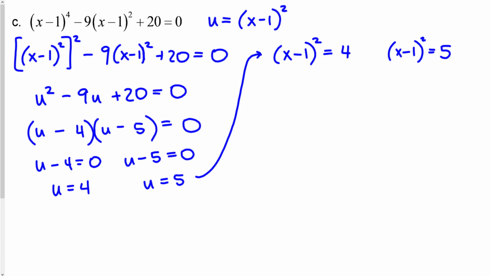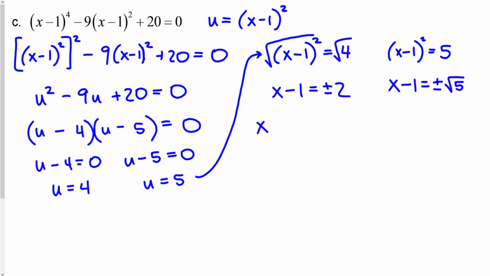So if I take the square root of both sides of this equation, I get x minus 1 equals positive or negative 2, and x minus 1 equals plus or minus square root of 5. Lastly, if I add 1 to both sides, x equals 1 plus or minus 2, and x equals 1 plus or minus the square root of 5.